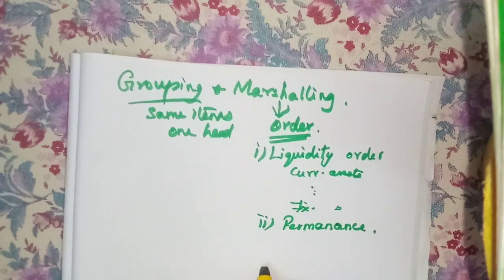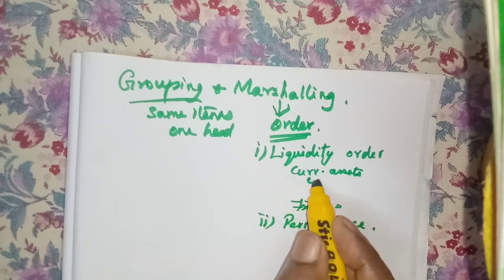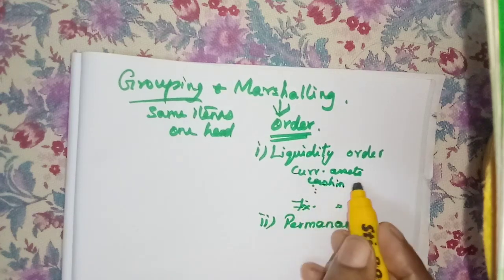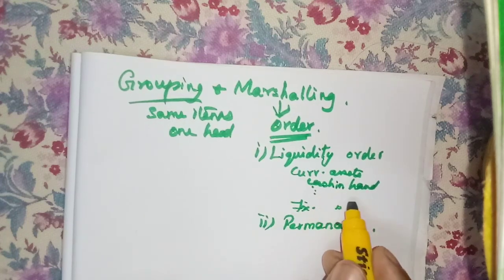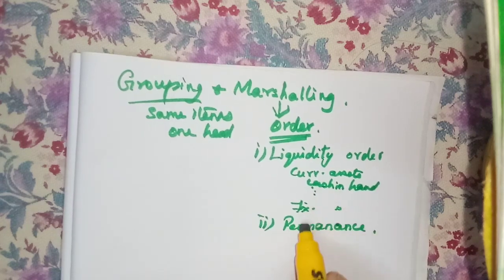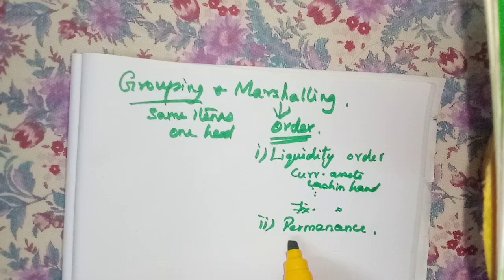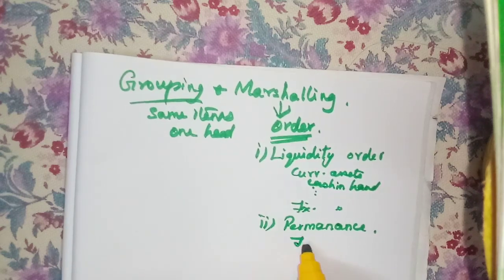If we write in permanence order, it is just the opposite of this one. In liquidity order, we go by what can be converted into cash. Here cash in hand will be written first, isn't it? That is the first one. Then cash at bank, then investments, then closing stock, sundry debtors, bills receivable. In that order we will write. In the order of permanence, fixed assets will come first.